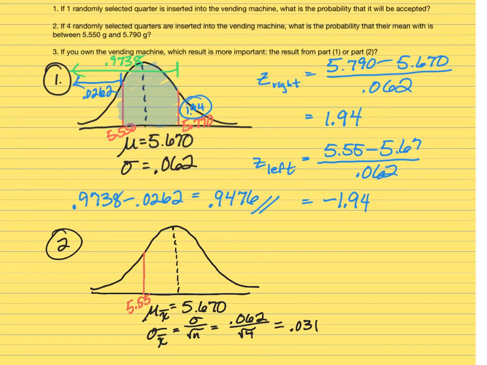Our boundaries are the same, 5.55 and 5.790. So we're going to do the same thing. We still want to find the area in between those two. So we find the z-score of the right boundary, 5.79 minus 5.67. But now we use the standard error, which is 0.031. 5.79 minus 5.67 divided by 0.031, and so we get 3.87.